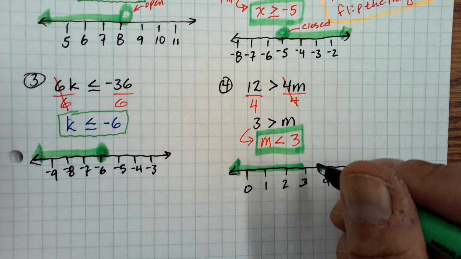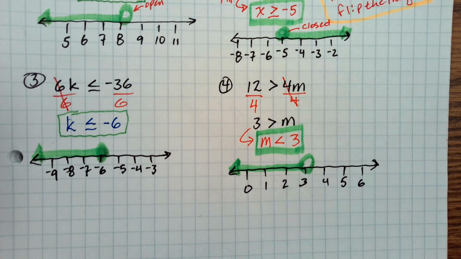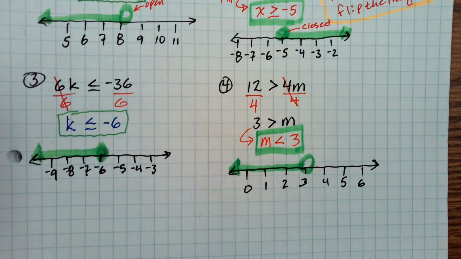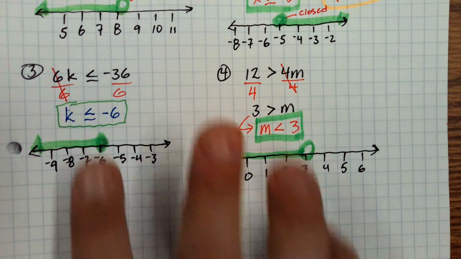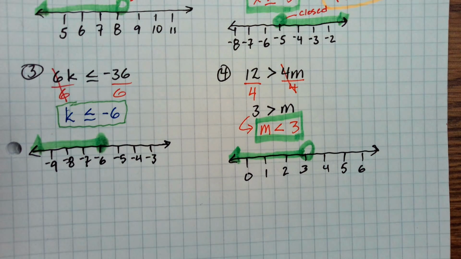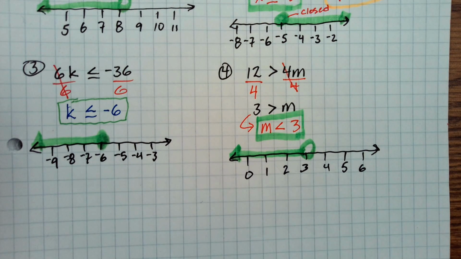And our point should be open or closed? Open. Yeah, there's no equal to part there, so it stays open. All right. We'll do a couple more. So we did a couple of multiplications. We'll do a couple of division inequalities. Okay. You ready?